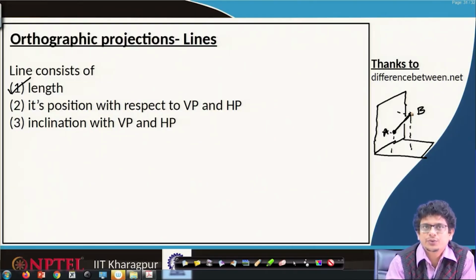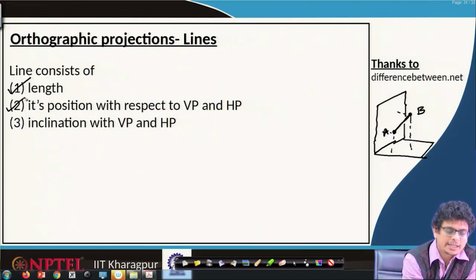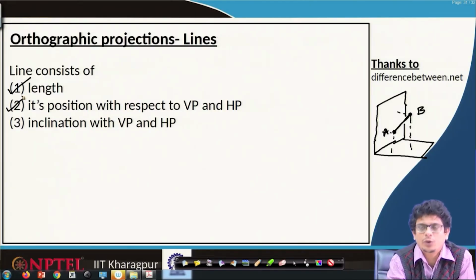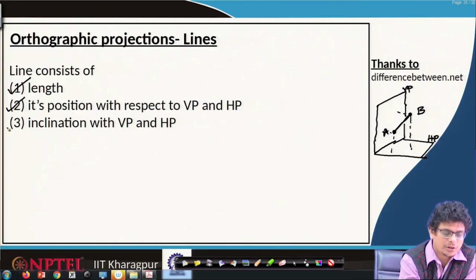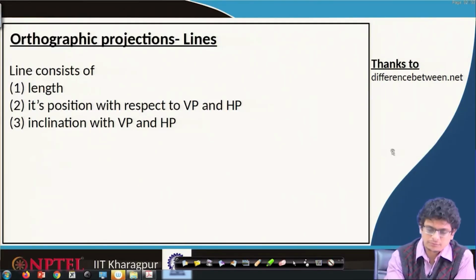This kind of thing we require. That is what we call position with respect to the vertical plane and horizontal plane. And not only the position, what we require is its inclination with the vertical plane and horizontal plane also.